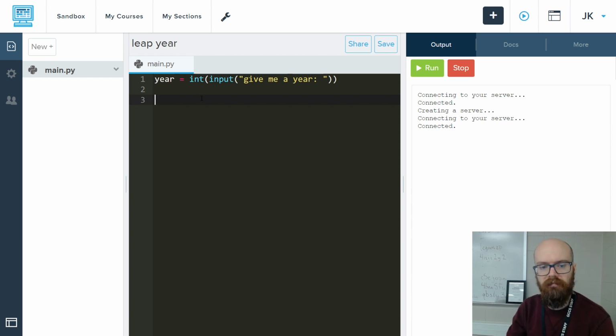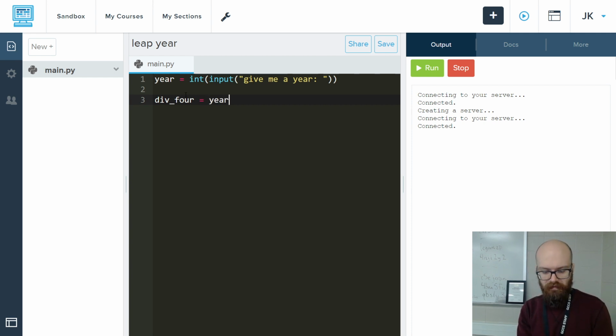So let's give it a shot with the absolute basics, and then add a little more, and then add a little more. So I'm going to say, is it divisible by 4? That's the first thing we check, and that gets us most of the answer, except for the exceptions. So I just made a variable called div4 because I didn't feel like typing the whole divisible.